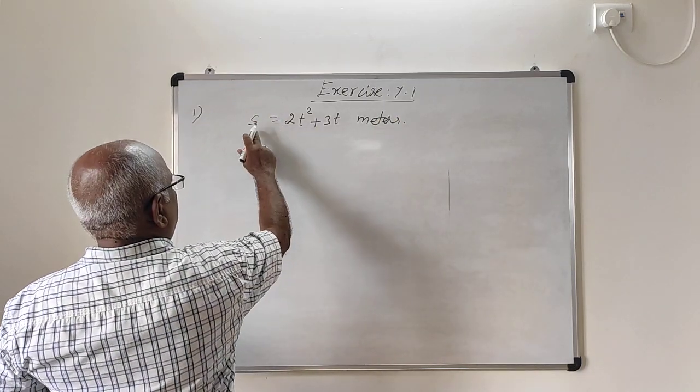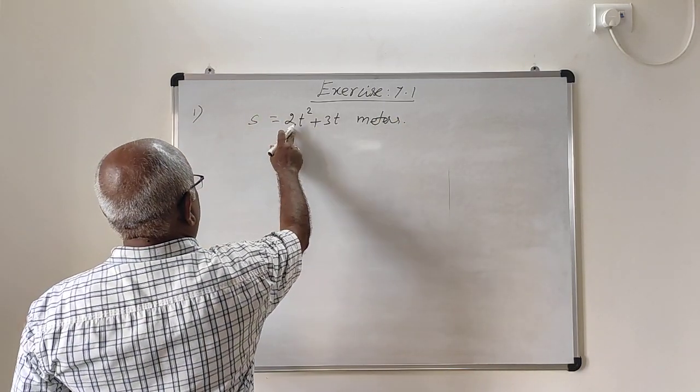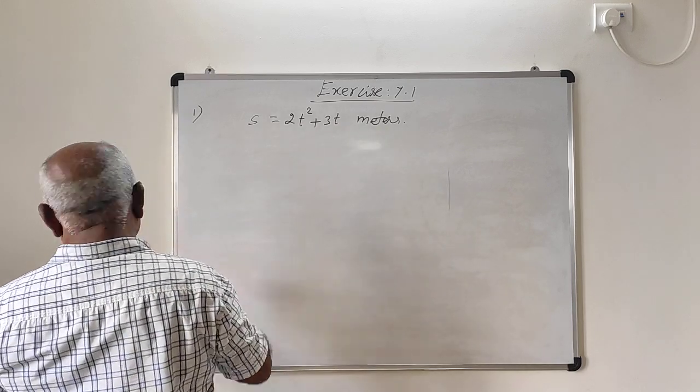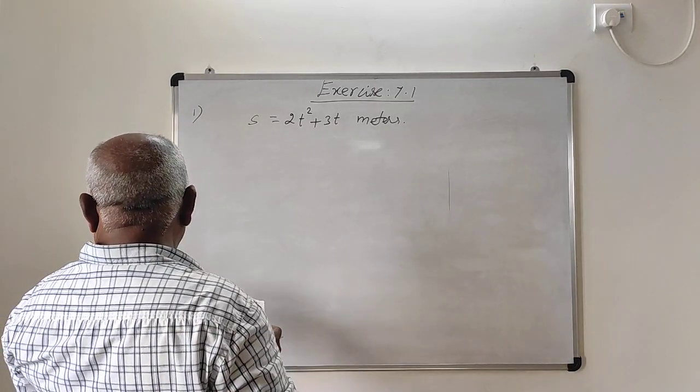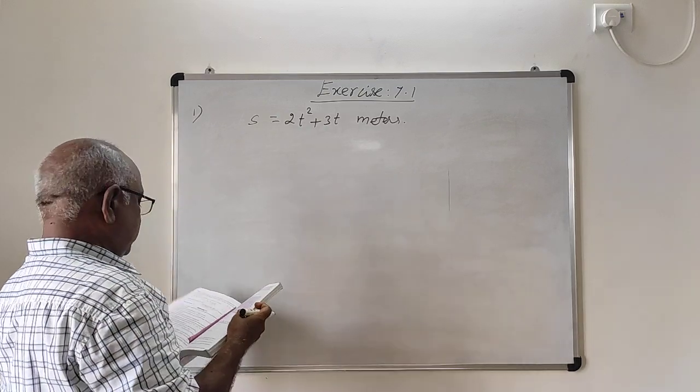The distance traveled by the particle at time t seconds is S equals 2t square plus 3t, moving in a straight line.